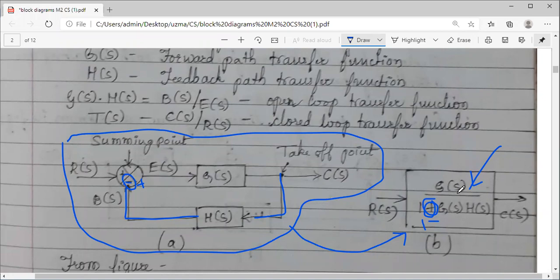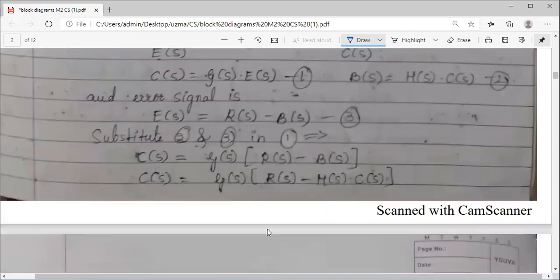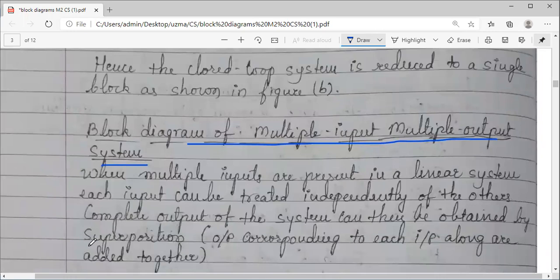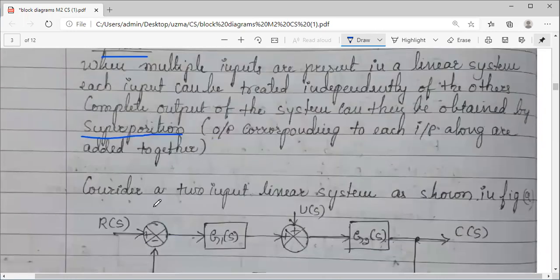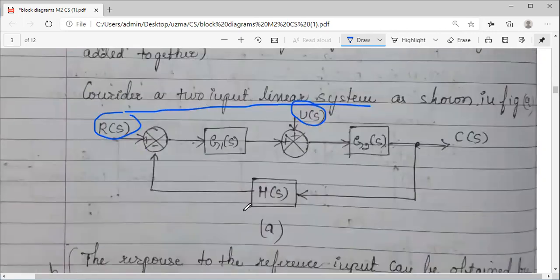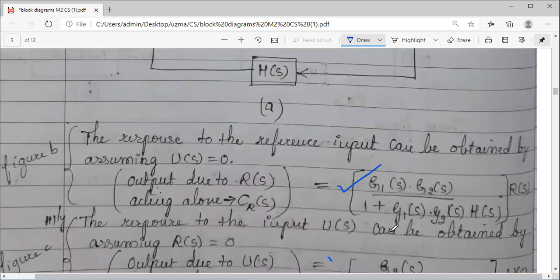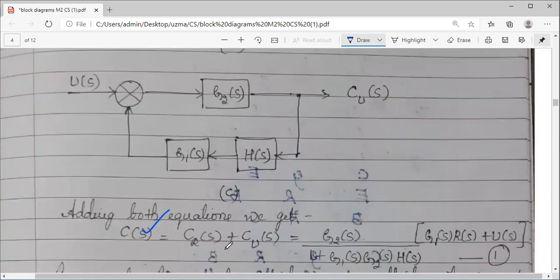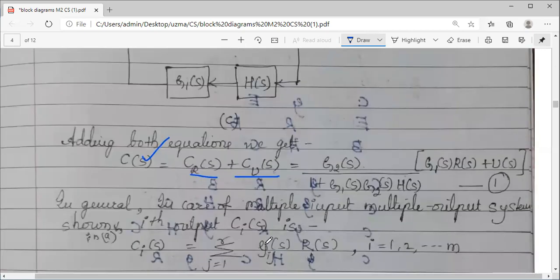So we have found this transfer function, and we have extended the concept to multiple input, multiple output systems. In the sense, if a system has many inputs and many outputs, then by using superposition, starting with a two input linear system, the inputs are R and U, we have found the transfer function individually, and the overall transfer function is the sum of the individual transfer functions or the outputs.